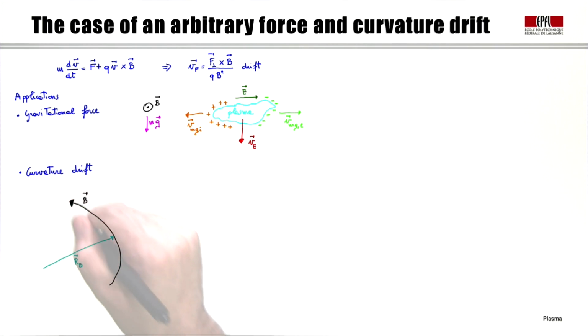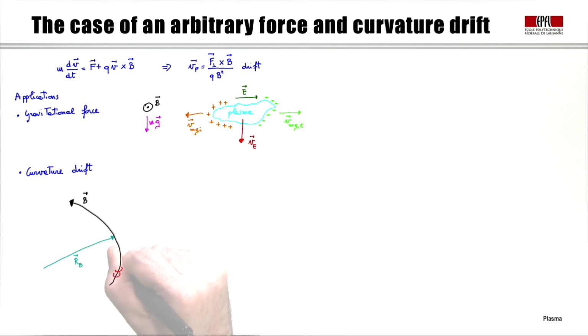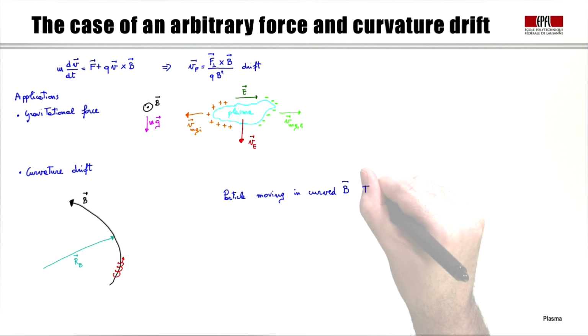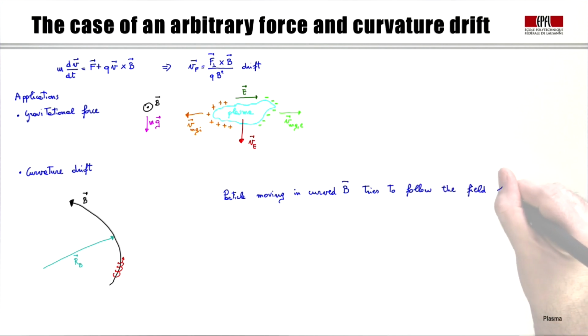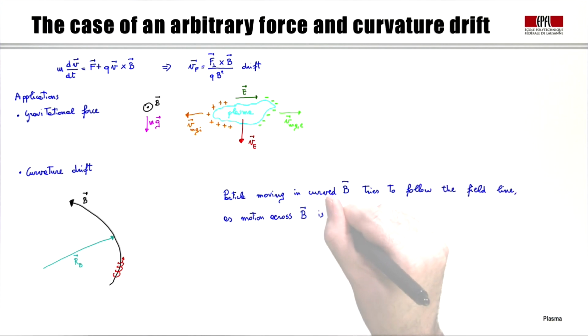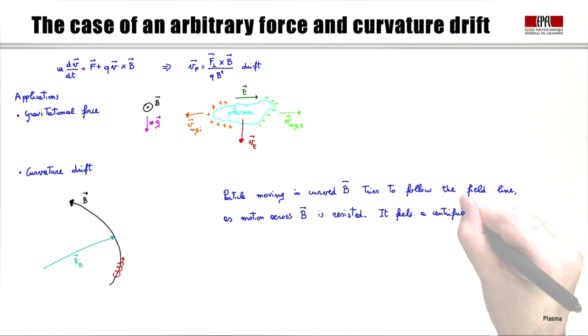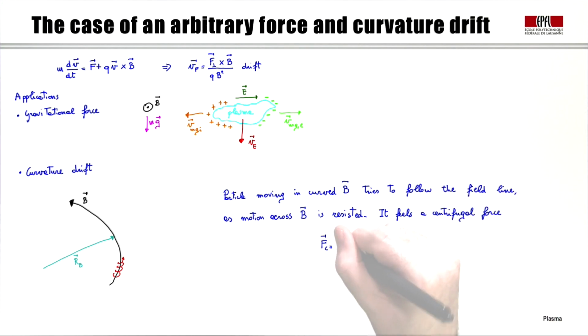Now, a particle will tend to move along the magnetic field lines, as the motion in the direction perpendicular across B is sort of resisted. Therefore, while moving along the field line, the particle will feel a centrifugal force, that is the classic expression that we know.